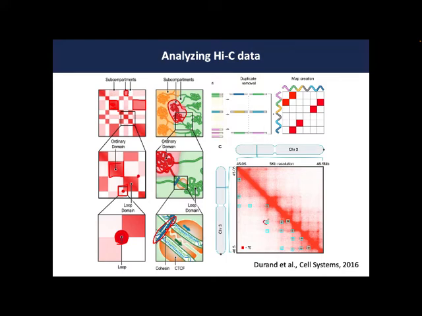So these dots in the Hi-C maps represent the loop formation between this DNA region and this DNA region around here. There is a very long-range interaction between these two regions through this loop formation.